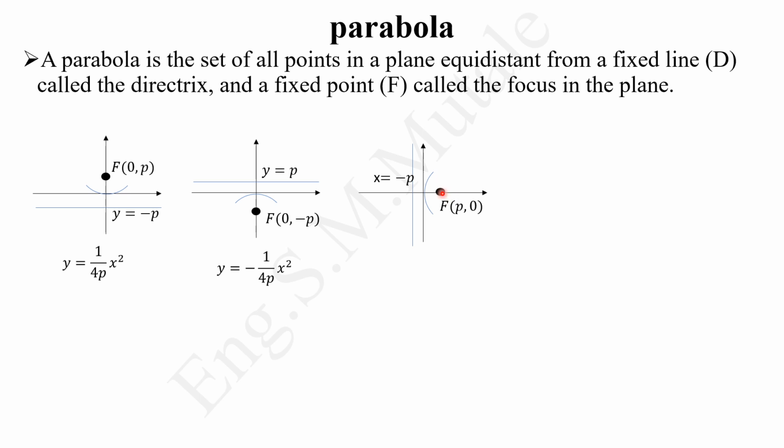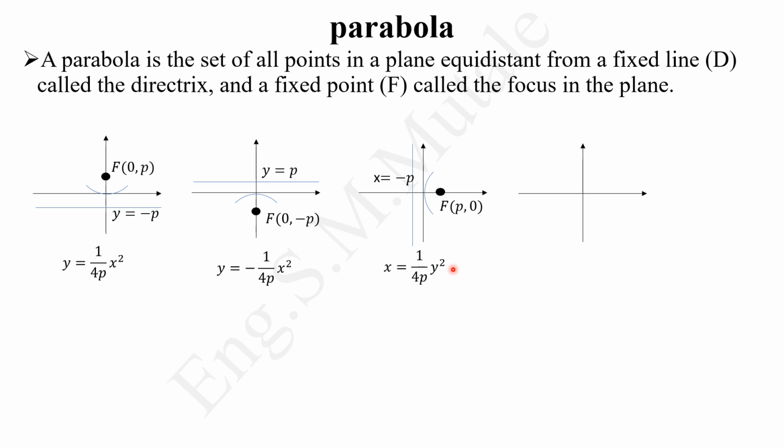The equation of this one, since you are on the x-axis, will be x equals 1 over 4p, which will always be there. It depends on whether it's positive or negative. Since you're on the positive x-axis, it's positive 1 over 4p. And if x is the subject, automatically y will be y squared.